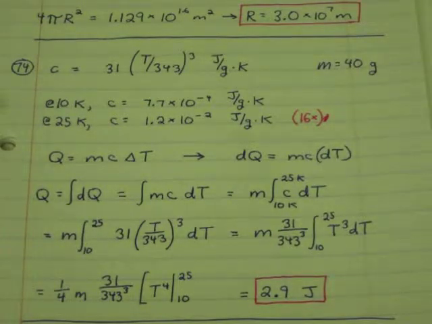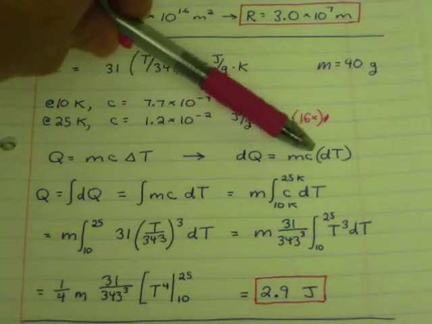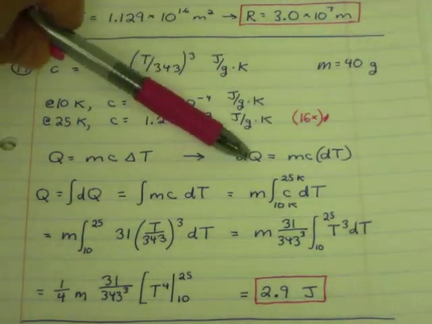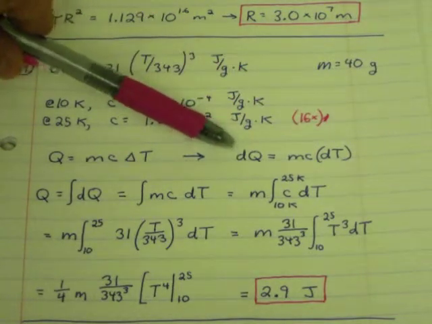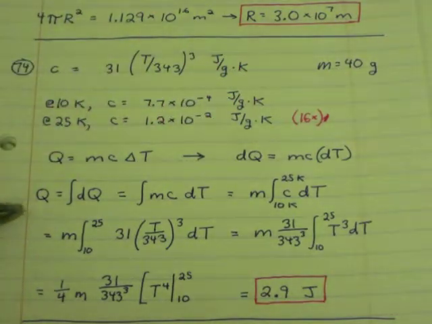So as it goes up from 10 to 11 to 12 to 13, Q equals mc delta T is going to require some calculus. So dq equals mc dt for little increments of temperature and little increments of heat. Let's integrate that.